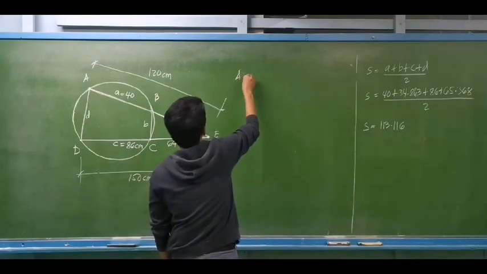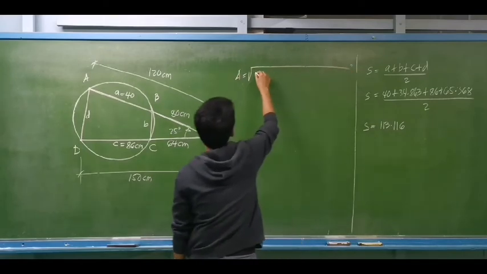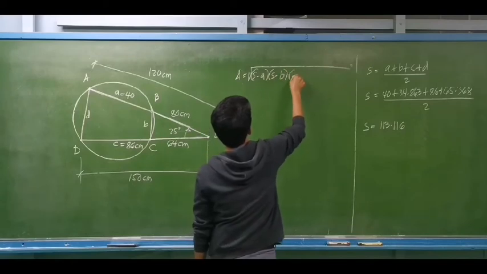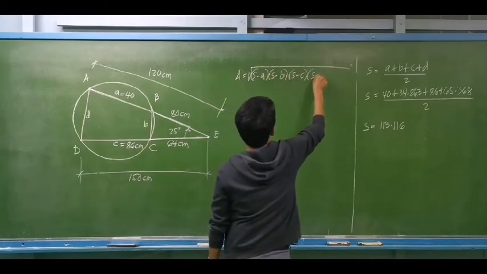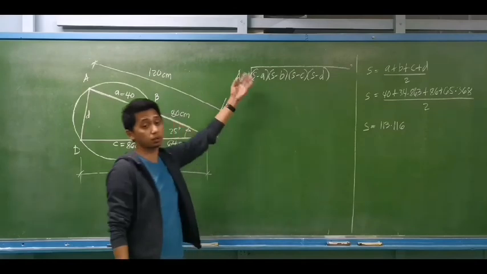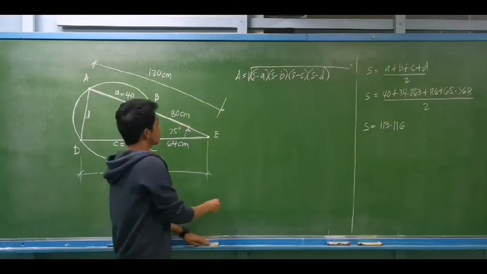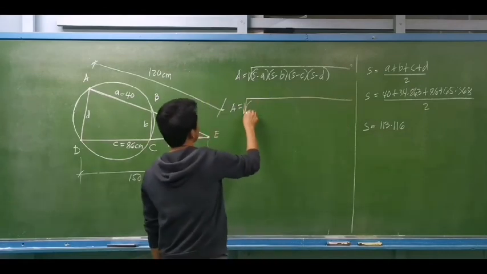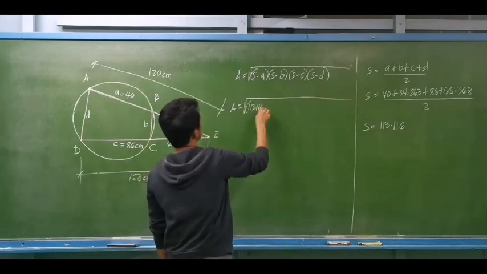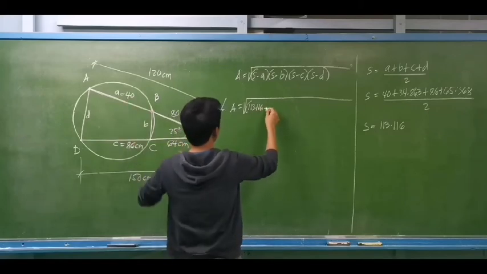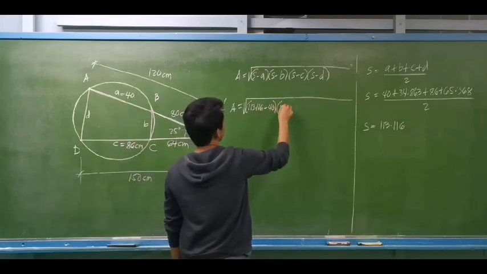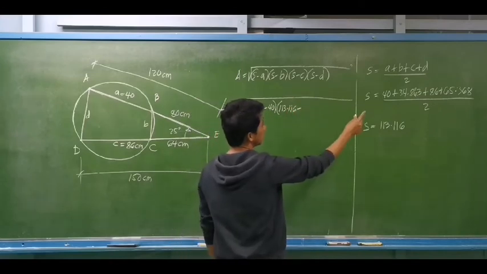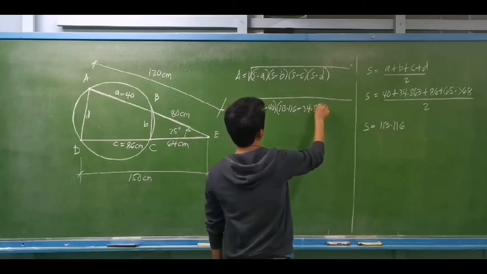Yung formula for the area of a cyclic quadrilateral is S minus A times S minus B multiplied by S minus C multiplied by S minus D, or the square root ng product ng mga values na yun. So the area is the square root of S, 113.116 minus A, ano yung A natin? That is 40. 113.116 minus B, 34.863.